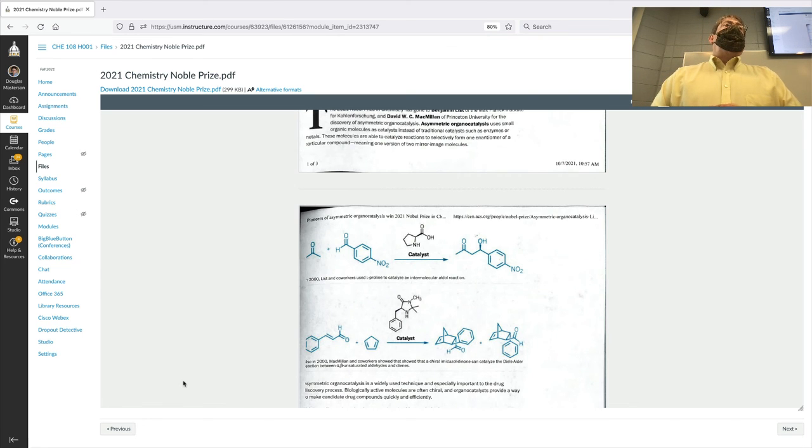Enzymes typically need to be in an aqueous environment. Organic chemists typically need to be in an organic environment, right? A lot of these types of molecules are not very soluble in water. So it would be very difficult to have an enzyme that would work on them. It just so happens that the enzyme that I use, pig liver esterase, can work both in organic media and aqueous media. And so it turns out to be pretty nice.